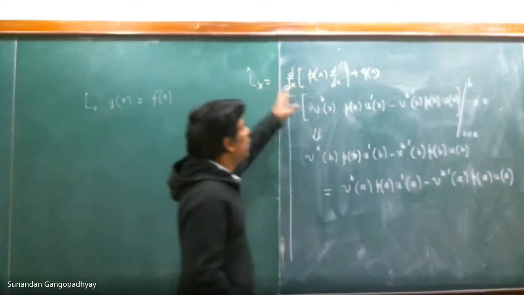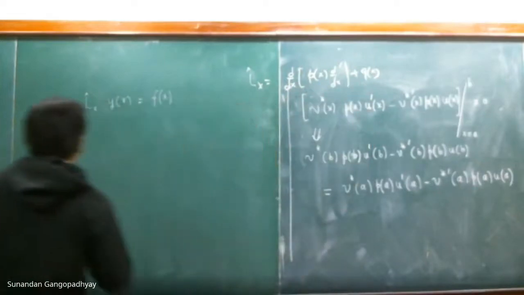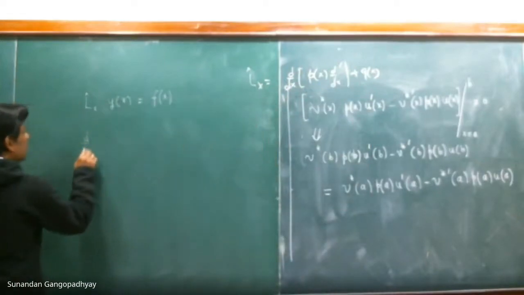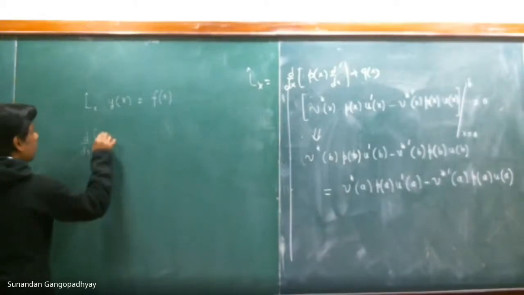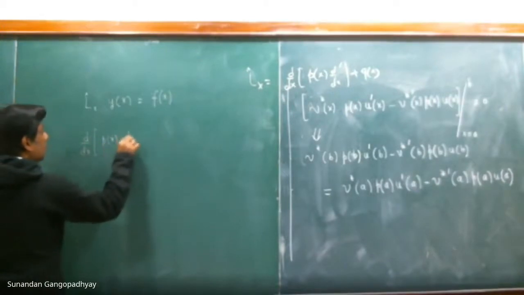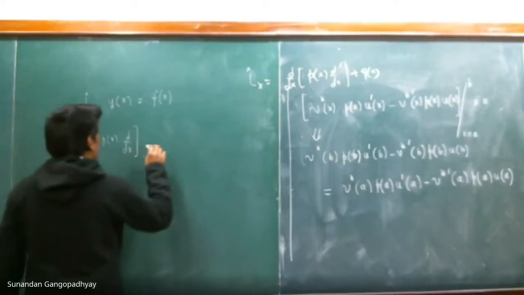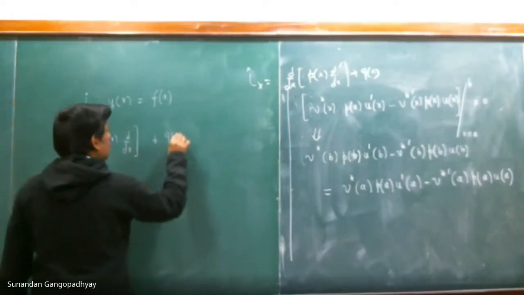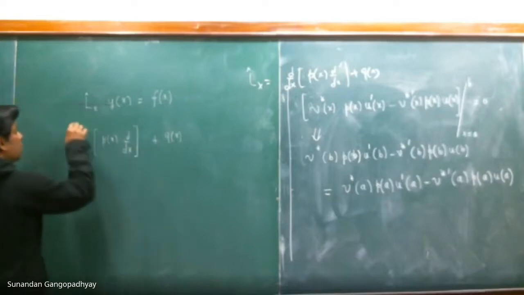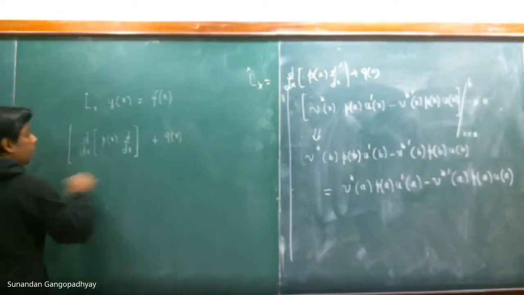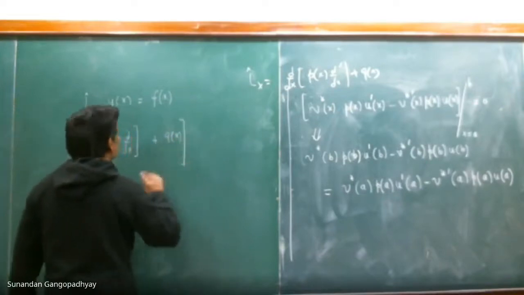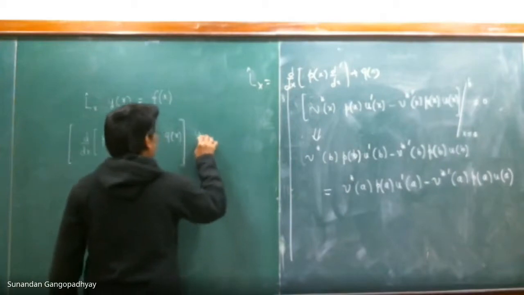So if you expand it, you can write this as d/dx of p(x) d/dx plus q of x. Remember that these p and q are real functions of x, real and continuous in the closed interval [a, b], acting on y of x is equal to f of x.